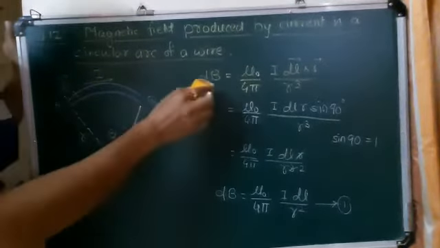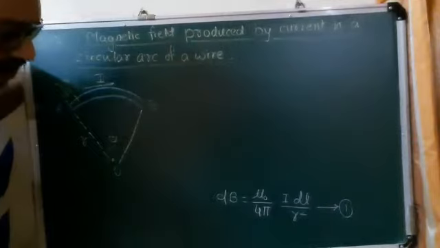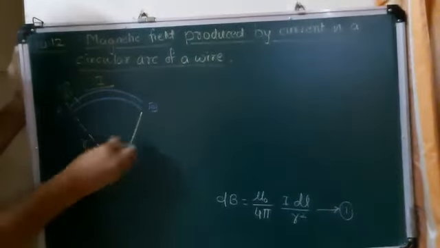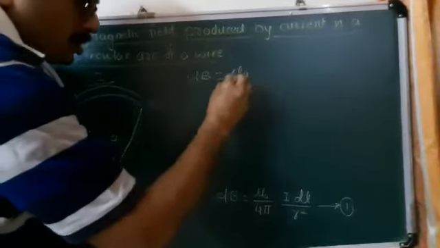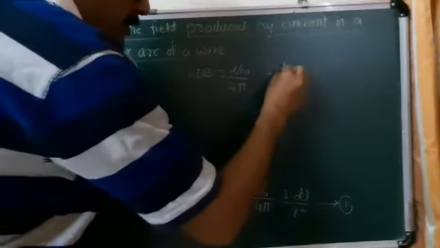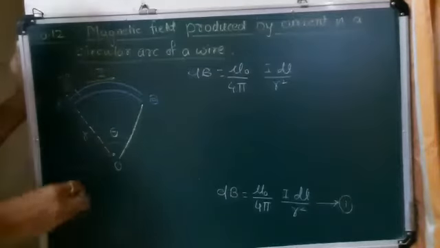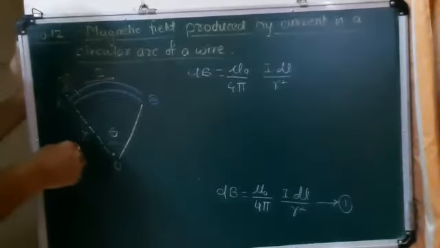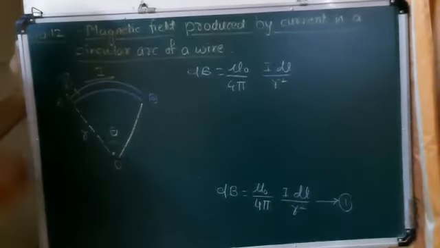Now we solve the next part. From this equation, dB is equal to mu 0 upon 4 pi into I dl upon r square. To determine the magnetic field of induction over the whole wire, we first determined it only due to this small element dl.